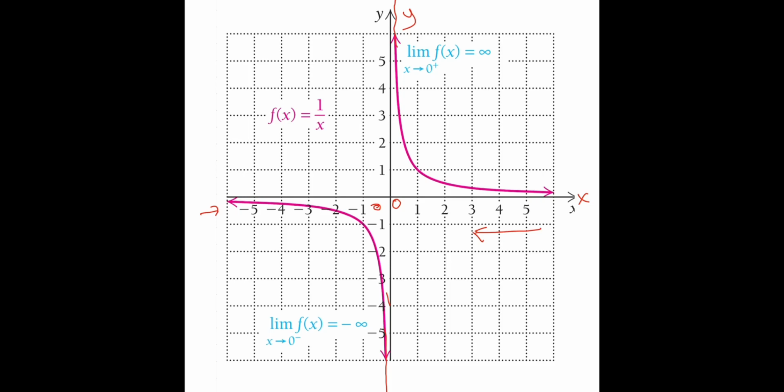So the graph of g of x equal to 1 over x, with x approaching 0 and the corresponding y values becoming larger and larger without bounds, means that the limit does not exist.